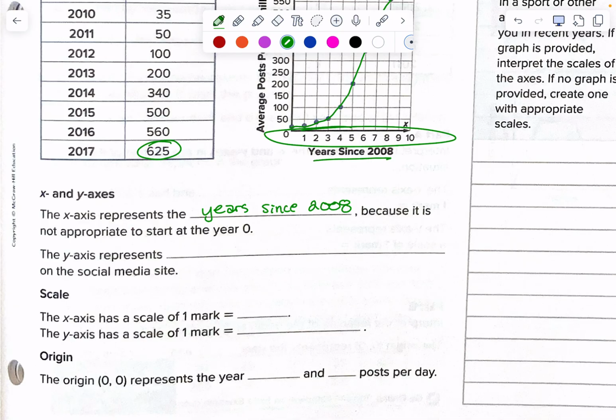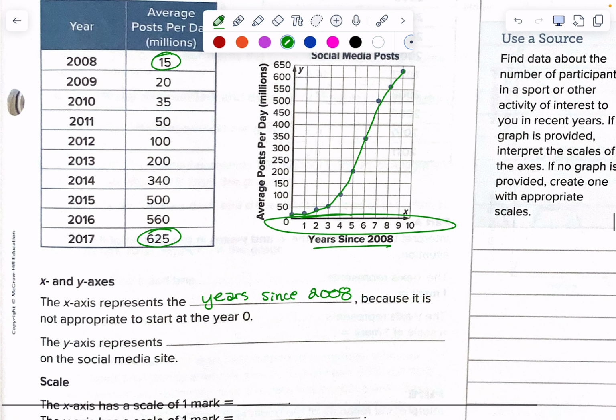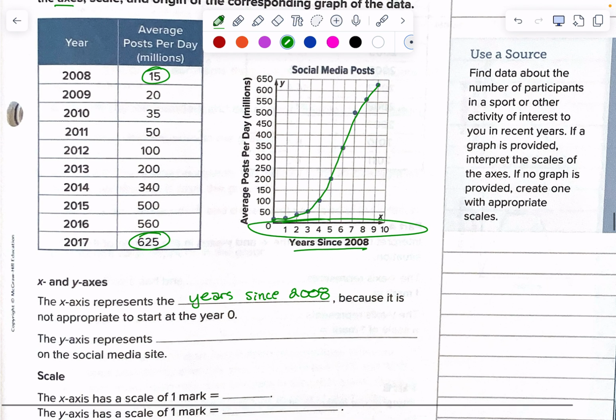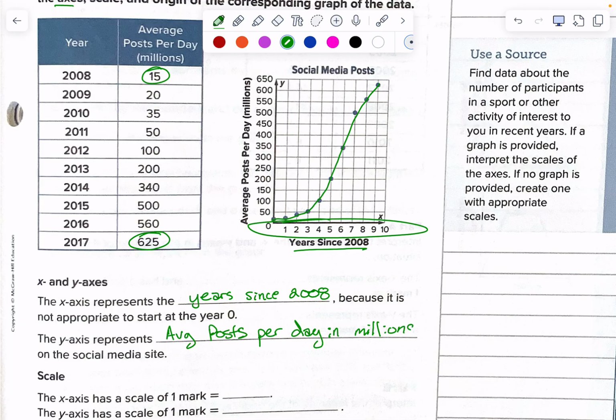But years since 2008, so 2008 is year 0, 2009 is year 1, etc. The y-axis represents the average posts per day in millions.